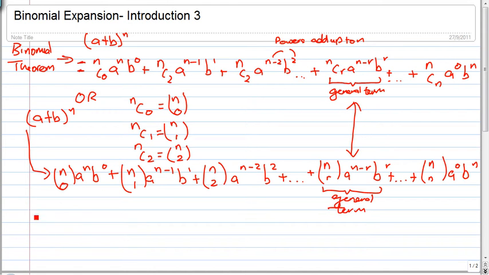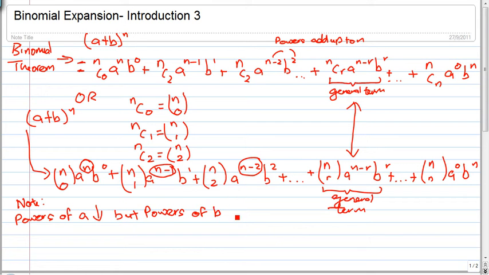So just a short note here. Do you realize that the powers of a are decreasing? They're going down in descending order. You've got n minus 1, n minus 2. They are decreasing. But the powers of b are increasing.